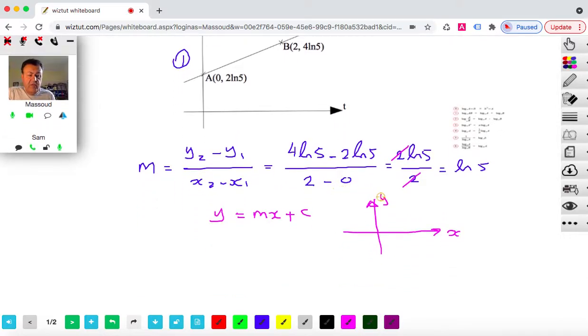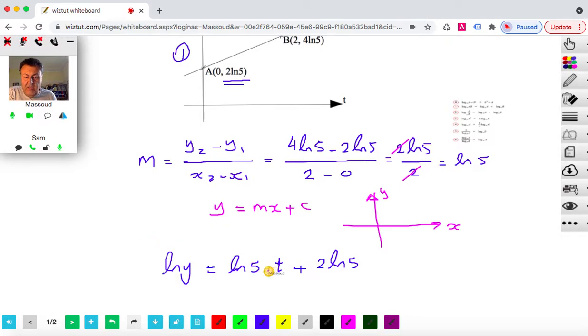So in our case, the function of the line would be log natural of y. The y axis isn't actually y; it's log natural of y, equals m, the gradient, which is log natural of 5, times by t, not times by x, times by t, and then plus the intercept, which is this here. So it's 2 log natural of 5.